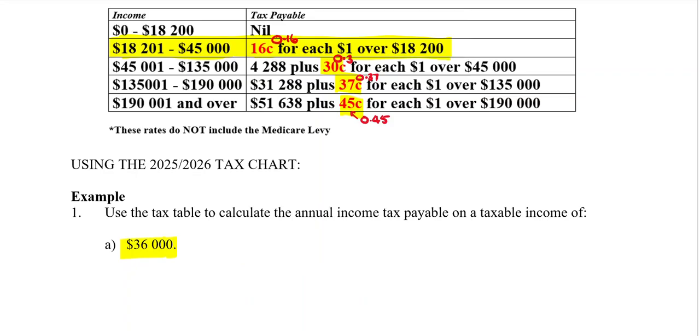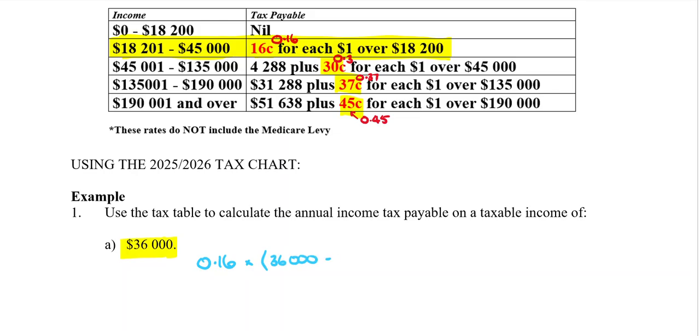So people with incomes in that tax bracket have to pay 16 cents, which we've already converted into dollars. So it's going to be $0.16 for every dollar over 18,200.